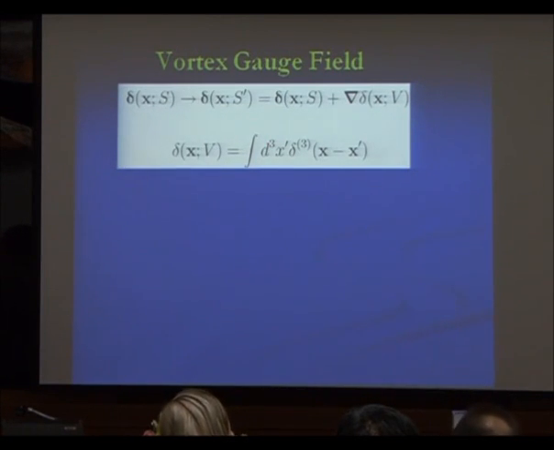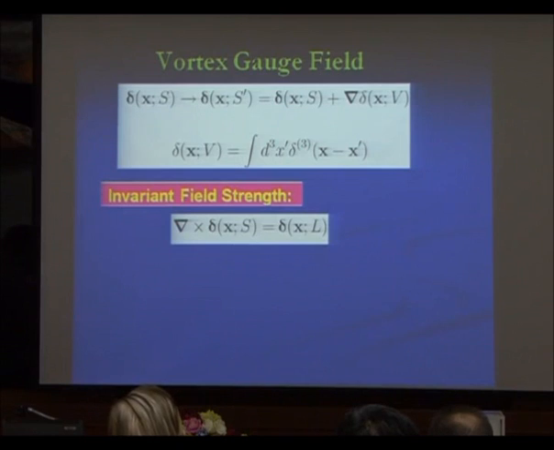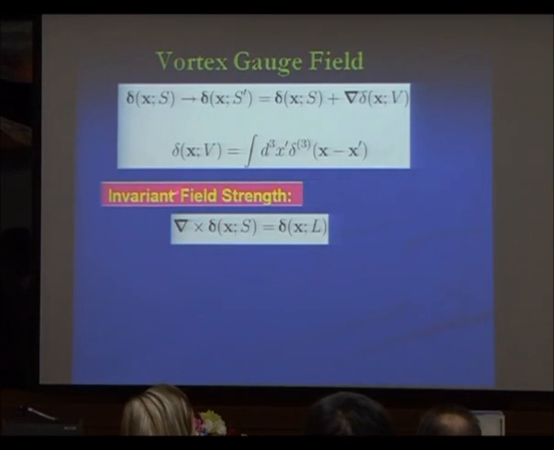The point is now that the curl of this delta function is the field strength, and that is namely the delta function on the boundary of this surface. And that plays the role of the gauge field. What I wanted to show you is that torsion and curvature are related to each other by such gauge transformations.